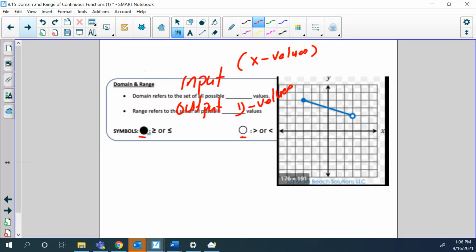So for instance, this graph right here starts at -3 on the x-axis, and we can say it ends at 3 on the right. The closed circle means that when I write my domain, -3 is part of the domain. However, on the other end, this 3 right here, because it's an open circle, even though I'm going to write it in a domain, it is not part of the domain.